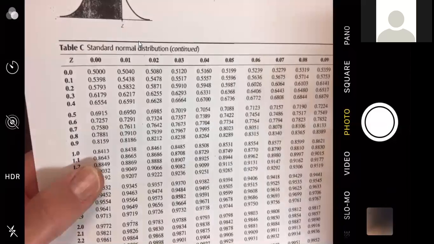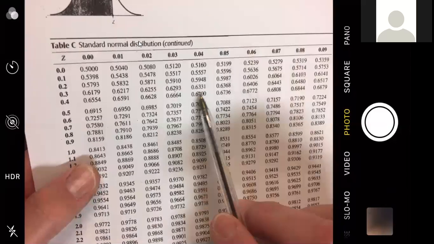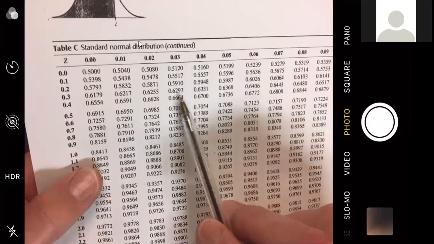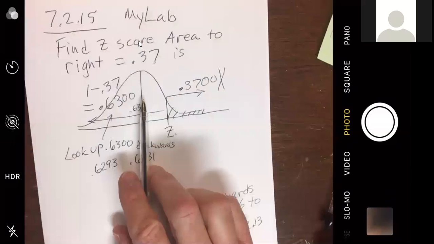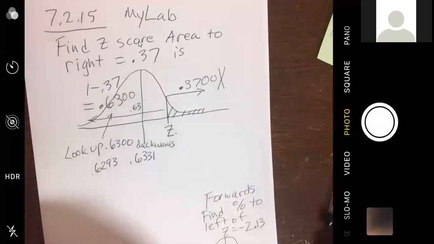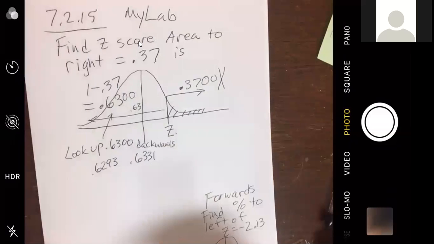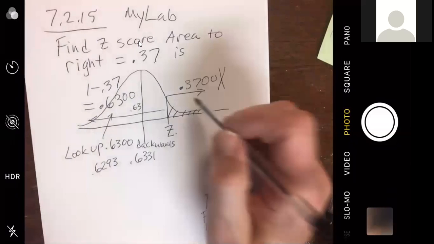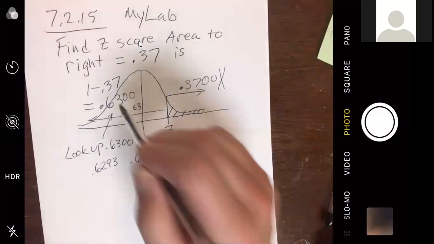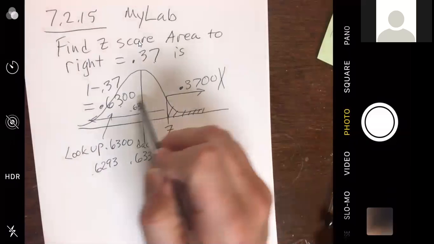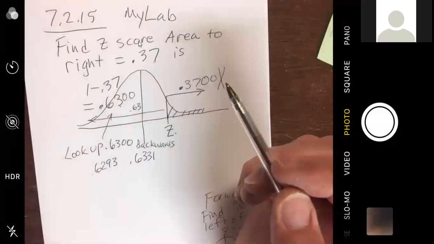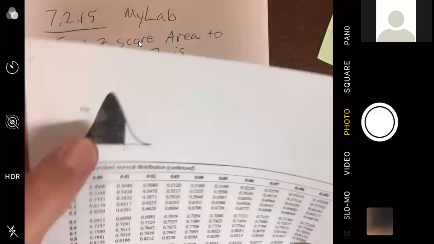So it means when you take 1 minus 0.37, the number you have is the number you are looking for in the table, right? Yes, you're right. 0.63 would be the area of the black on the table.